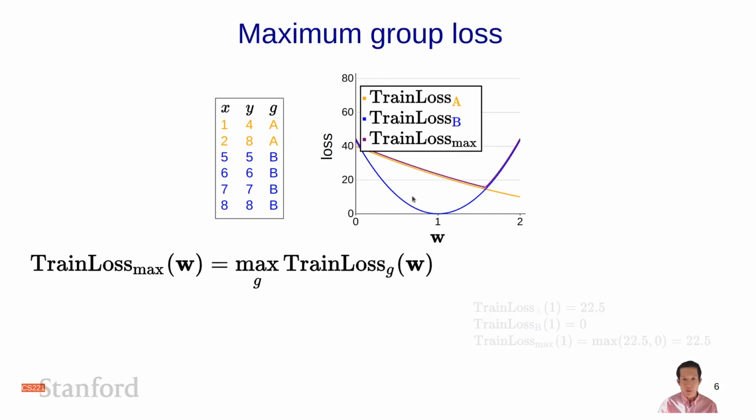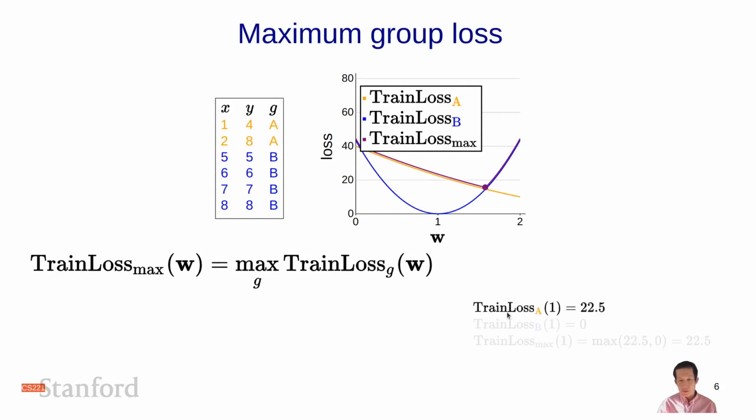At every point we choose whichever value of the loss of A or B is larger. As you can see, it traces out an upper envelope here. Over here, the loss of A is higher, so it's going to track that. And over here, the loss of B is higher, so it hugs B from there on.